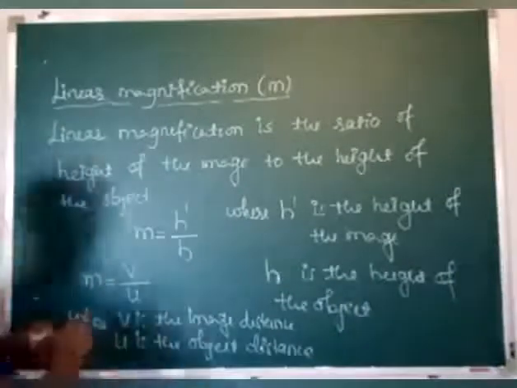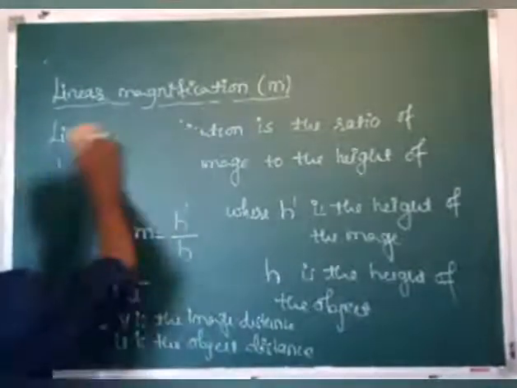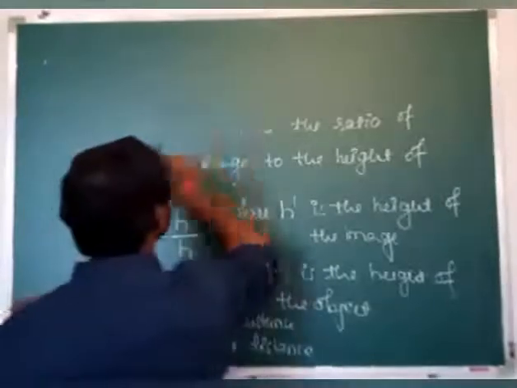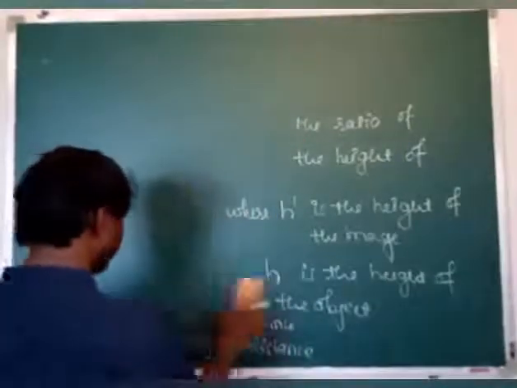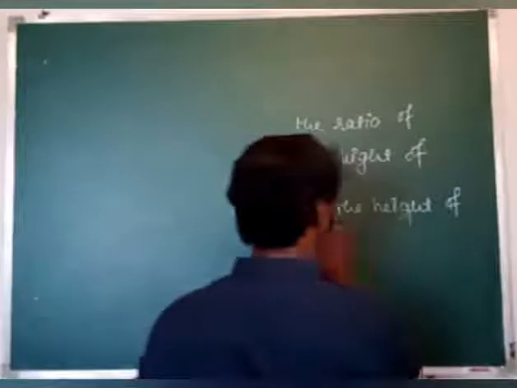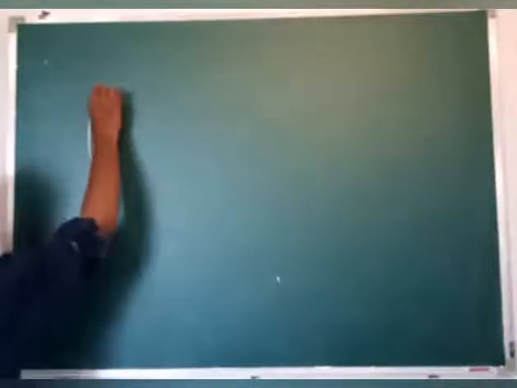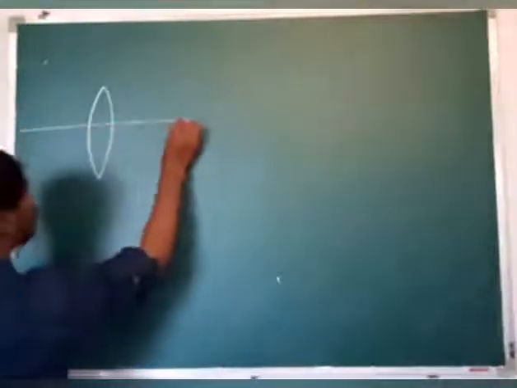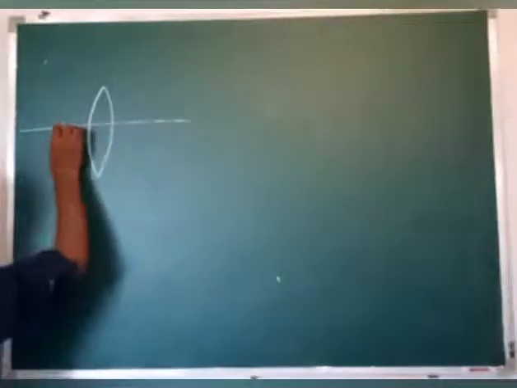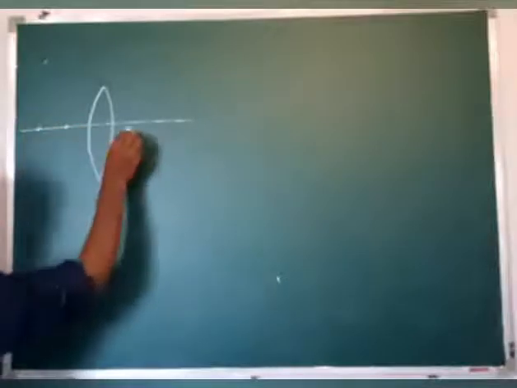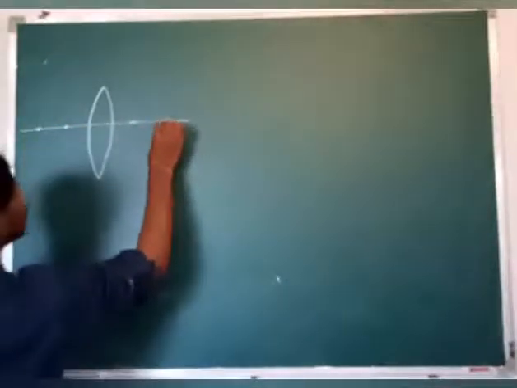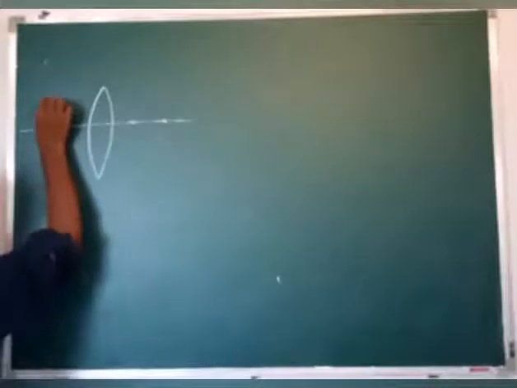Okay, so see here, I will draw the diagram. In case of a convex lens, suppose the object is in between 2f and f now.